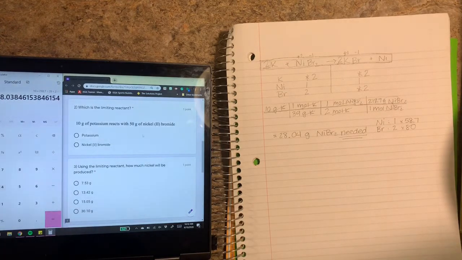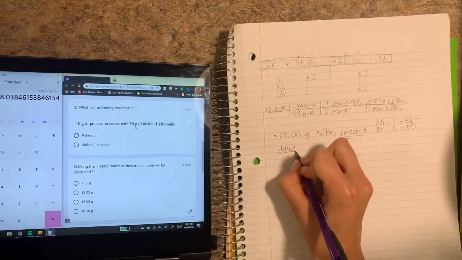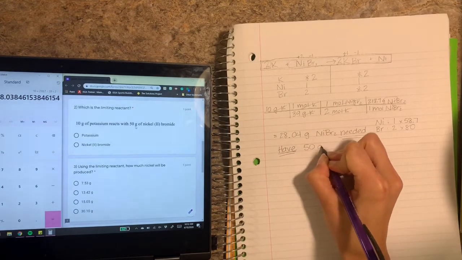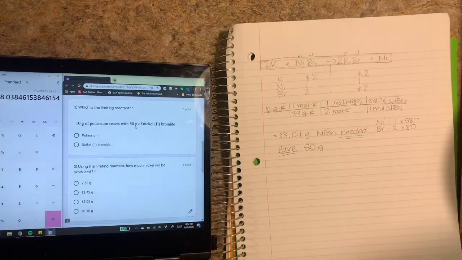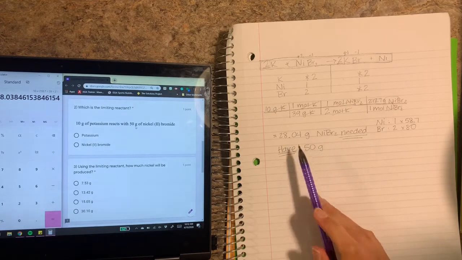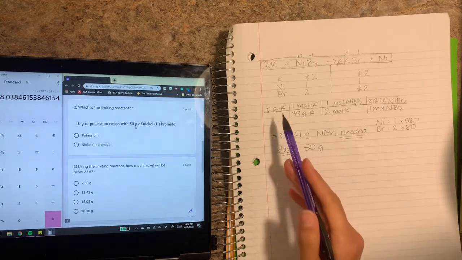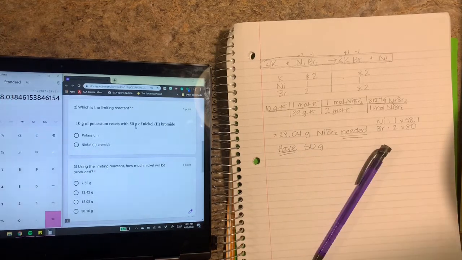Looking at the problem, we have 50 grams of nickel bromide available. So if we have 50 grams of nickel bromide, but we only need 28.04, then this is going to be our excess reactant. We'll have some left over. Therefore, potassium is going to be our limiting reactant. So I'm going to bubble in potassium as our limiting reactant.